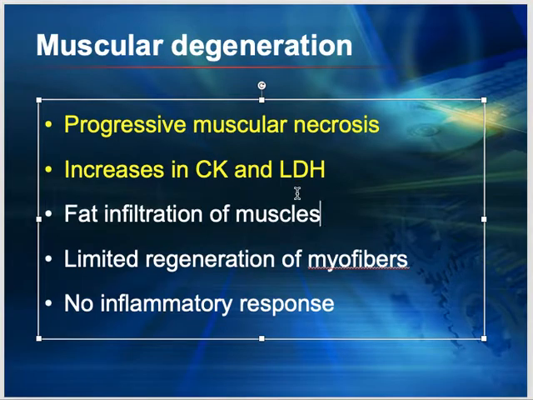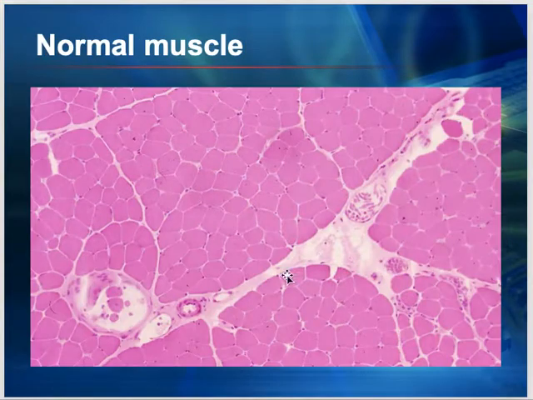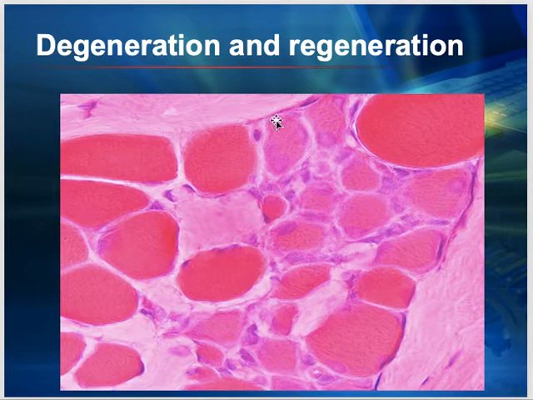Basically, that is the thing which causes pseudohypertrophy. And there is limited regeneration of the myofibers or the muscle fibers. So you can see over here, they are showing the histology of the normal muscle, and they are showing the degeneration and regeneration, or the abnormal muscles.